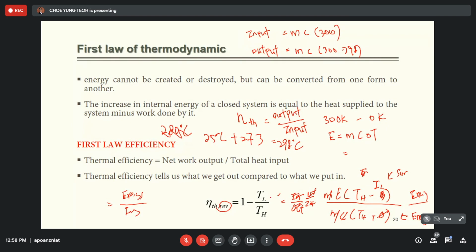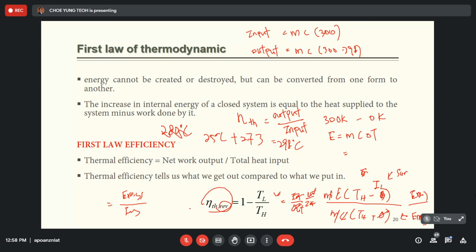This is the thermal efficiency at the reversible manner, our maximum possible efficiency of the system. So if your measured output over input is already very near to this, then you don't need to do any improvement anymore, or else it's just a waste of your effort.